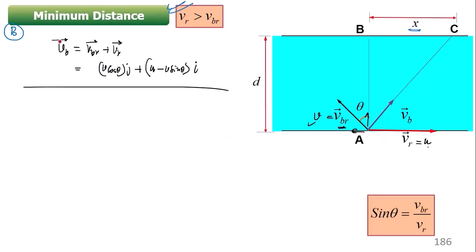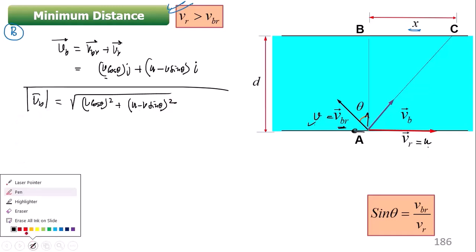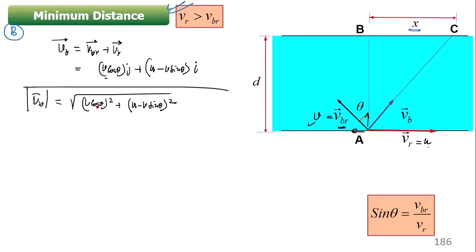Now with that VB velocity, let us calculate the mod of VB. That should be equal to the square root of this square plus this square: V cos theta whole square plus (U minus V sin theta) whole square. Once I calculate the VB vector mode, I can calculate the distance AC.